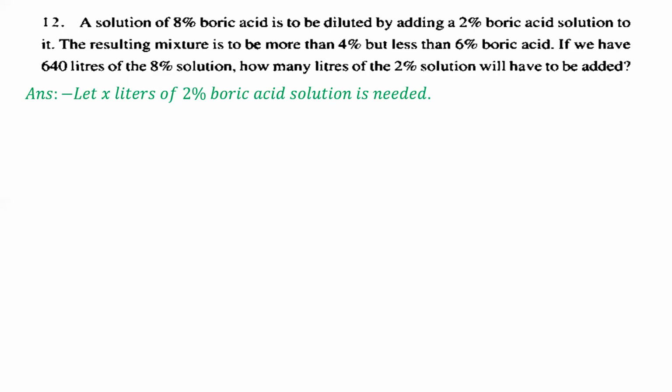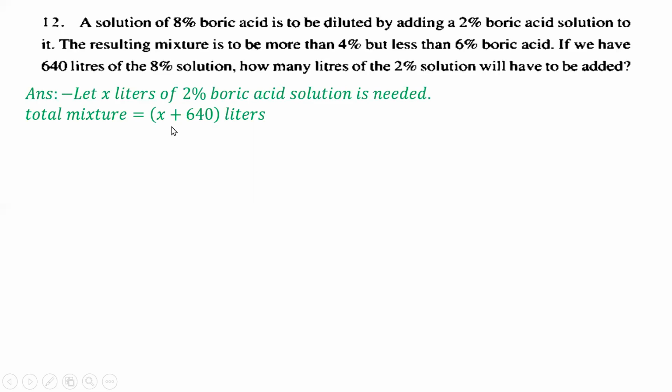Now, if we add this, the resulting solution is in between 4% boric acid and 6% boric acid. So the total mixture is X plus 640 liters, since we already have 640 liters of 8% solution, and X liters of 2% boric acid solution we are adding.